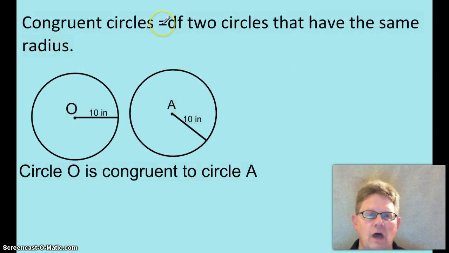Congruent circles are defined as two circles that have the same radius. So circle O and circle A are congruent to each other because they both have the same radius length. Did I not tell you that was going to be a lot like Chapter 1? Definitely.